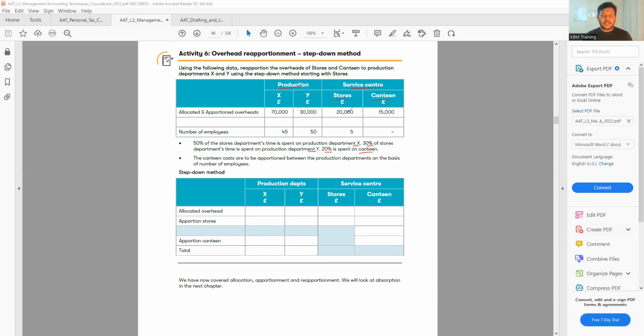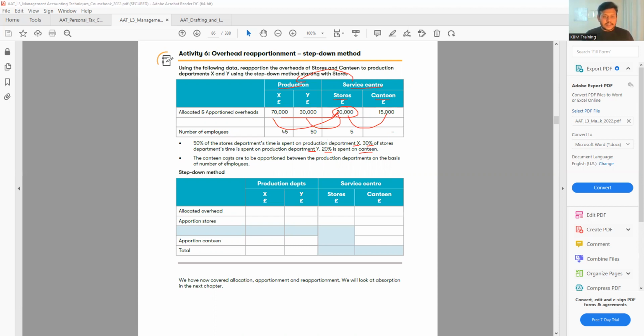So you can see this store is going to X, going to Y, also going to canteen. Before, from the service, only straight away going to production. Now from the service, even portion of cost going to service as well. This is called step down, nothing else.